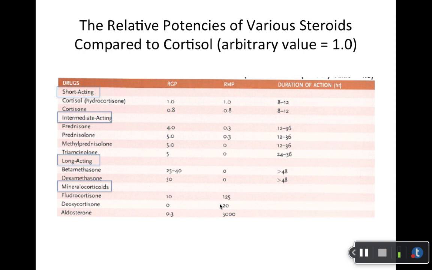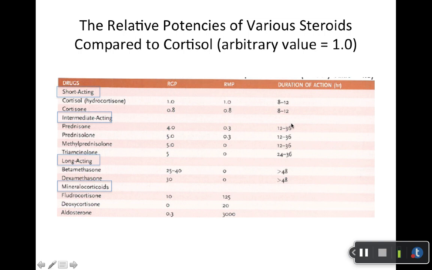Next up, we have a table here that I think is good because it shows that the duration of action can vary with these steroids, the glucocorticoids, and the relative potencies can vary. They're all compared to cortisol. So cortisol was given an arbitrary value of 1, and then everything is compared to that. You'll notice there are short-acting, intermediate-acting, long-acting, and then we have the mineralocorticoids down here at the bottom.